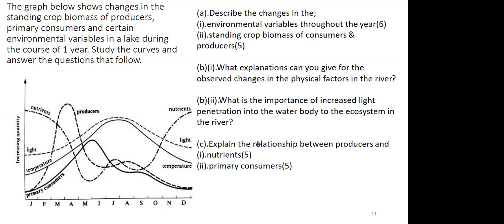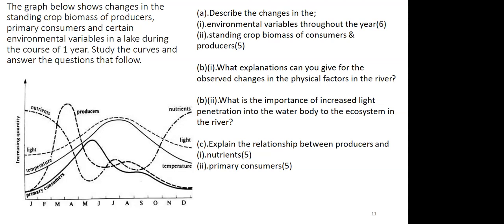So the standing crop biomass of consumers is what I'm going to start from. From January to May, I think, the crop biomass of primary consumers increases rapidly. Then from May to August, the standing crop biomass of primary consumers decreases rapidly.